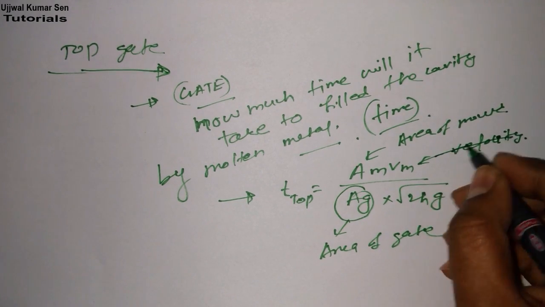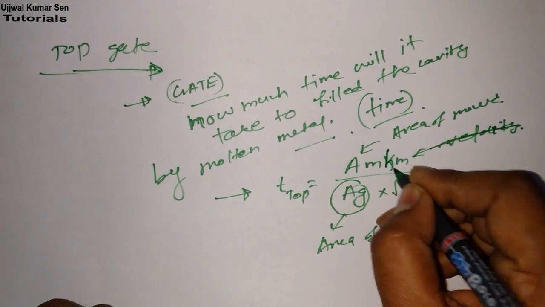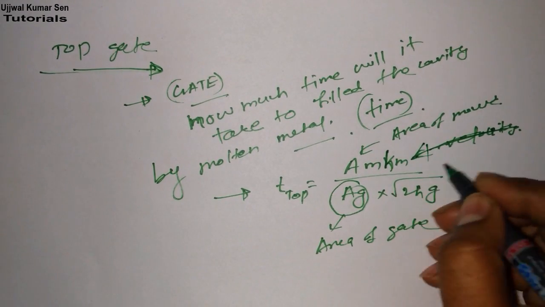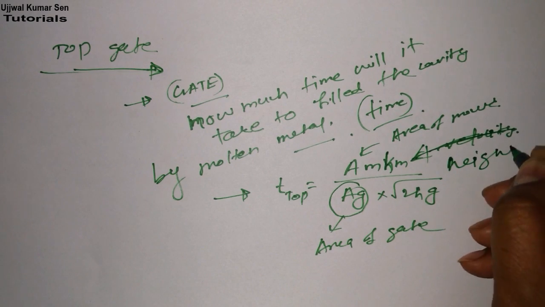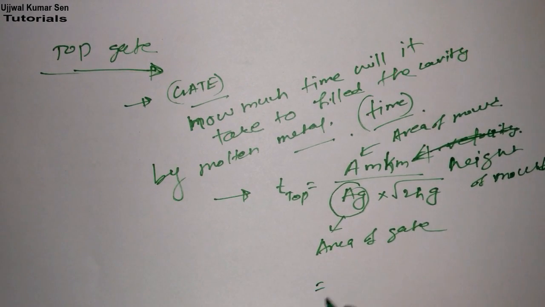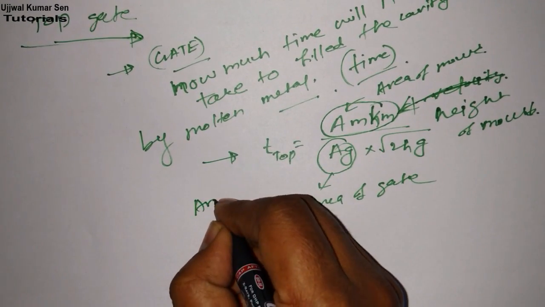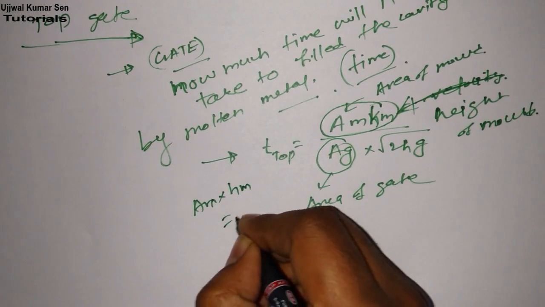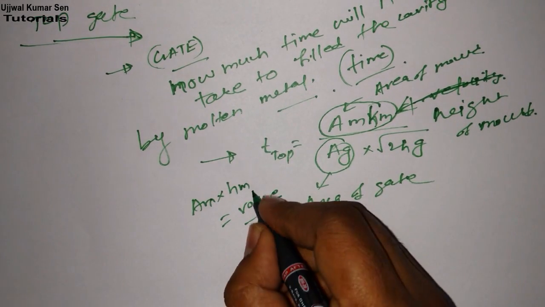I'm sorry, it's not VM actually, it's HM, the height of the mold. If you multiply AM into HM, then what we get is volume. Area into height is known as volume.